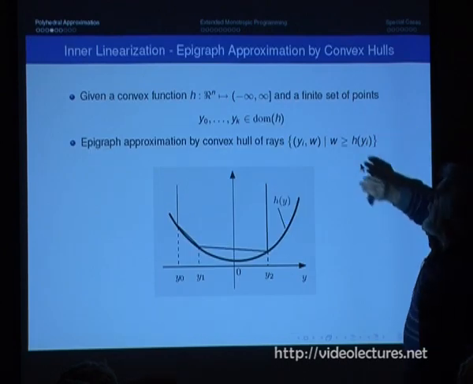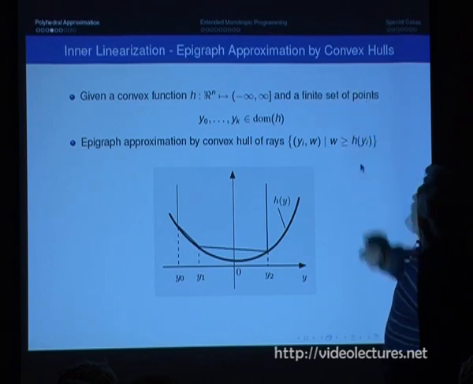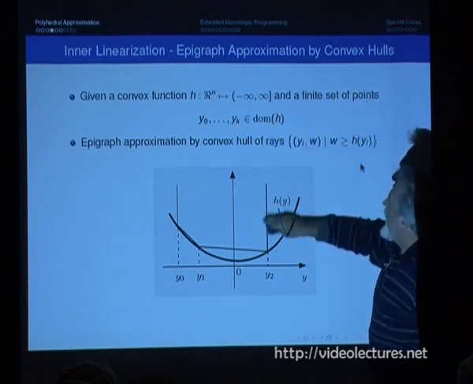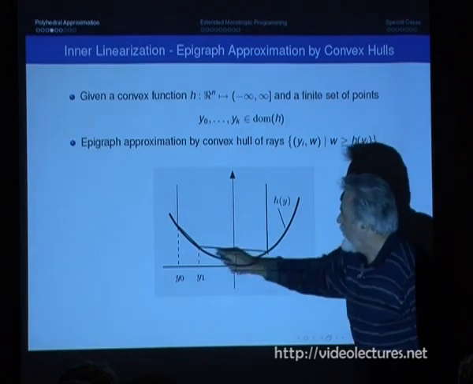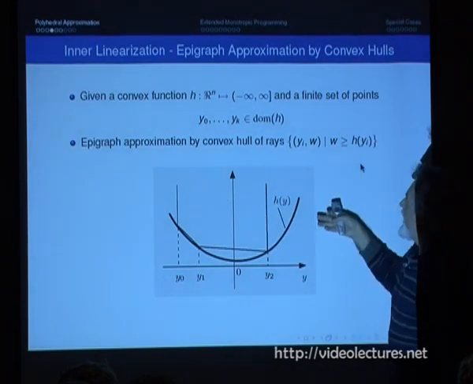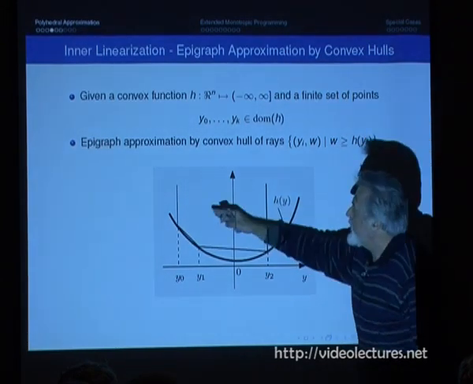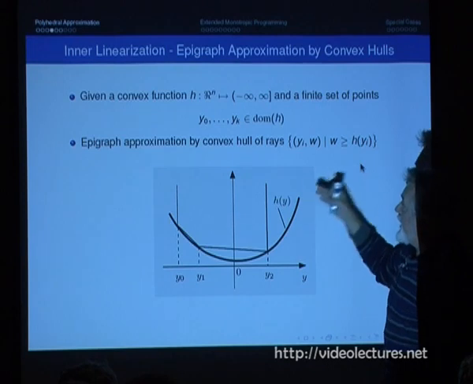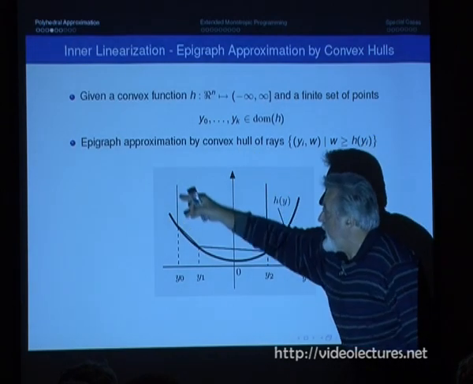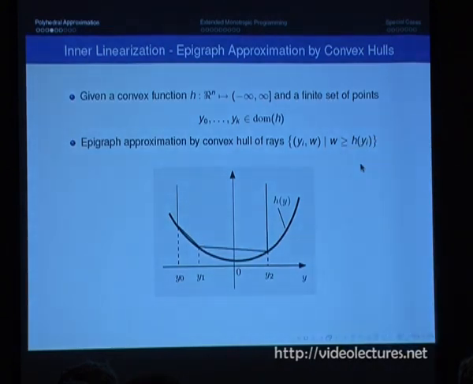So that's the idea of inner linearization, approximating the epigraph by convex hulls of rays. Given a function h, and given a finite set of points, we form these rays. We take the convex hull, and the convex hull defines a polyhedral function whose epigraph inner approximates the epigraph of h.